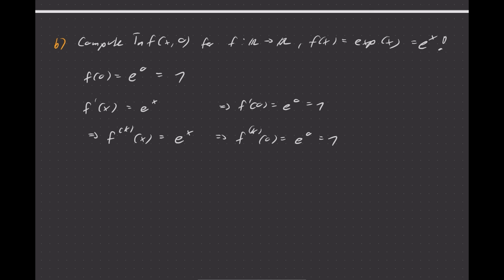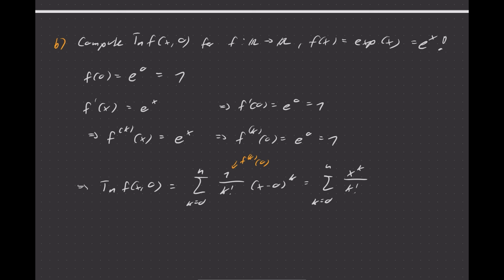So all in all, you can conclude that our Taylor polynomial here is the sum from 0 to n of 1, that is the kth derivative at 0, over k factorial times (x minus 0) to the power of k, or a little more concisely, the sum of x to the power of k over k factorial.